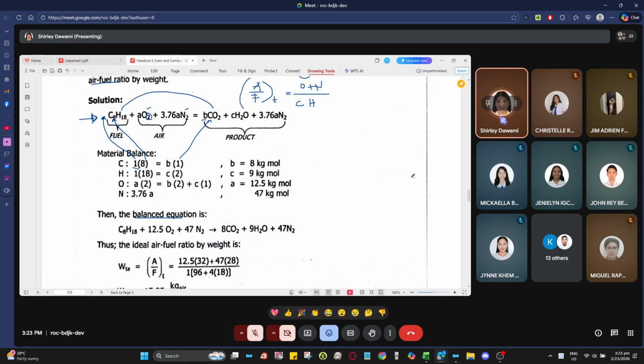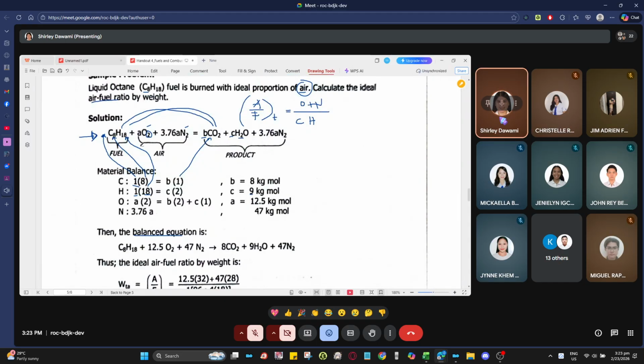So 8 divided by 1. Then for hydrogen, 1 as the number of moles and 18 as the number of atoms equals C times the number of hydrogen atoms, which is 2. So 18 divided by 2 is 9 kilogram mole.